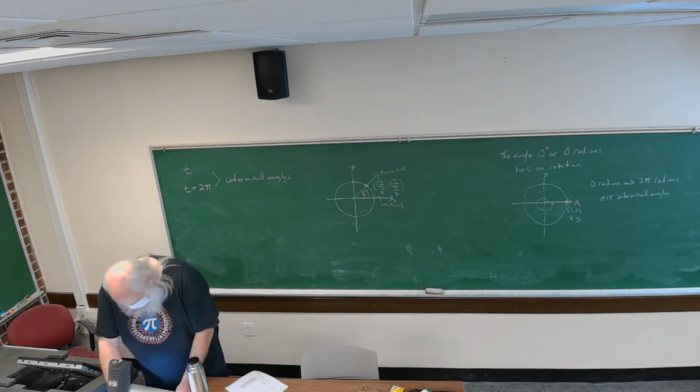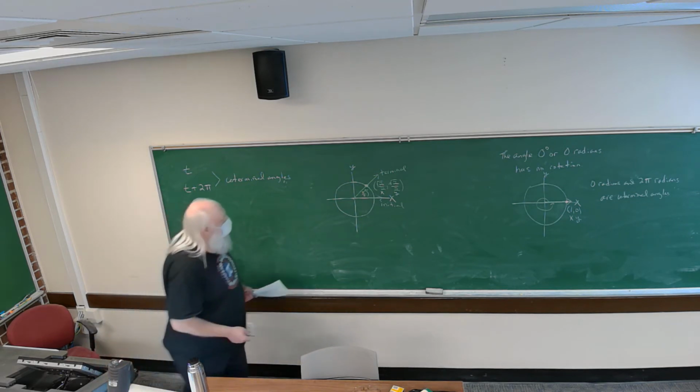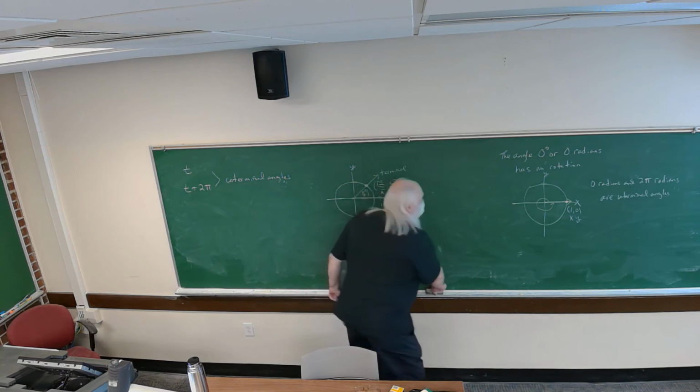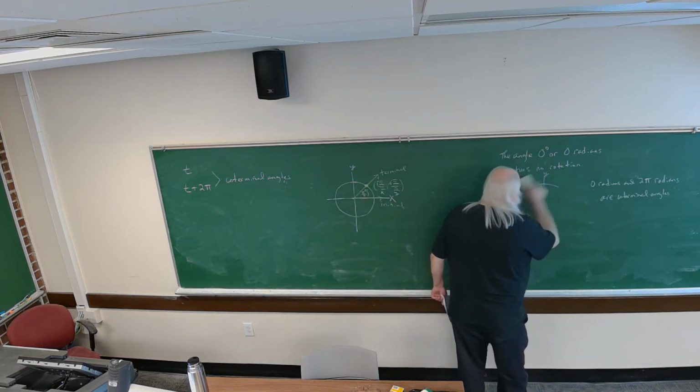If you flip over to the top of page 4, we're going to get the exact value of the sine and cosine function for an angle pi over 6 radians.